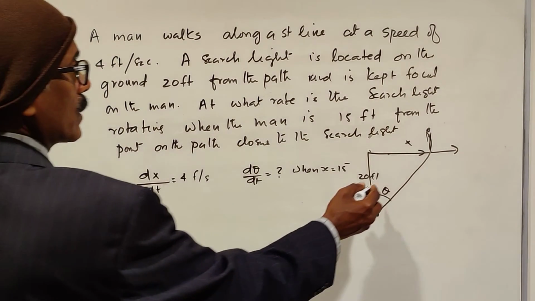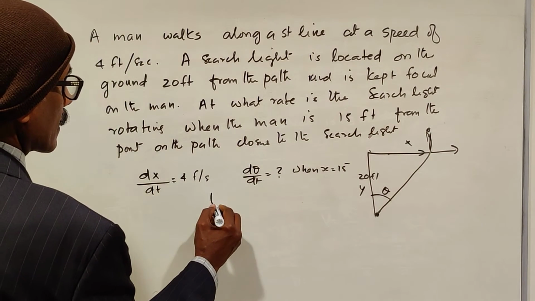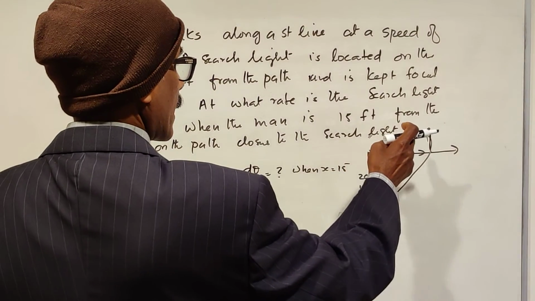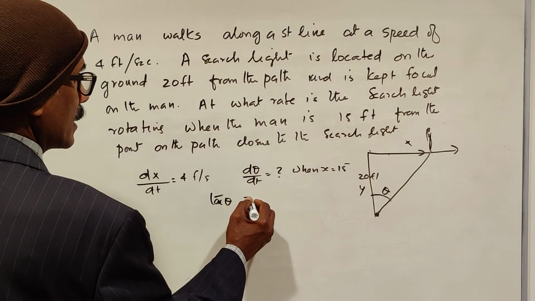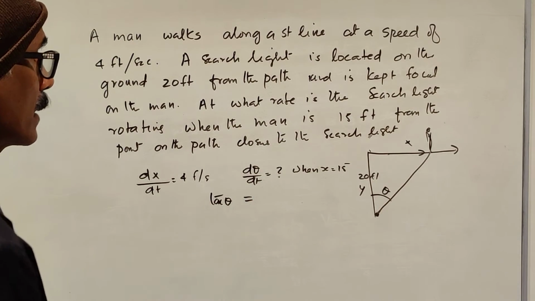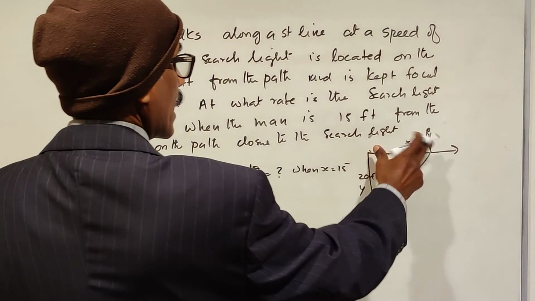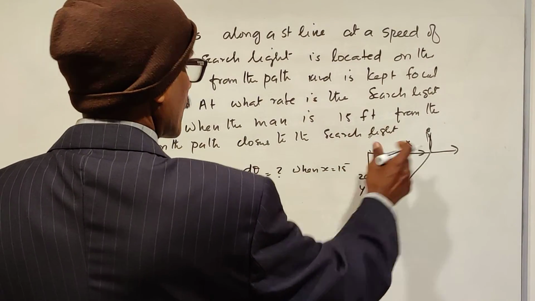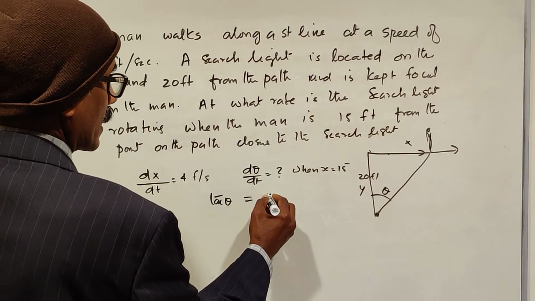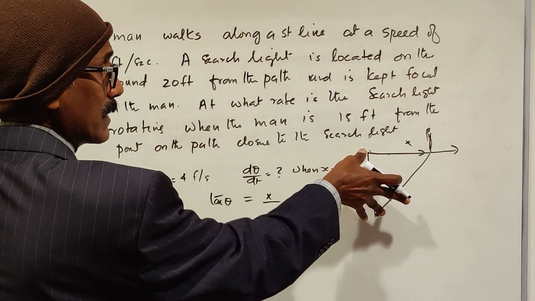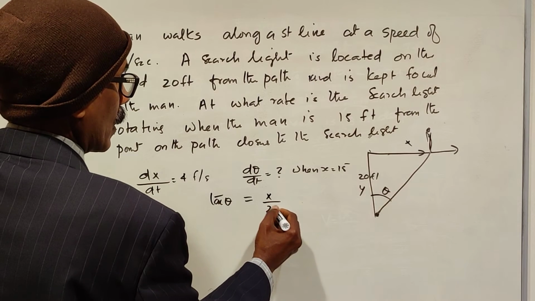Okay, I'm going to find out tan theta. Now we are going to find a relation between x and theta. Tan theta is opposite side by adjacent side. Opposite side is x divided by adjacent side is 20. Adjacent side never changes. It's a constant, 20.